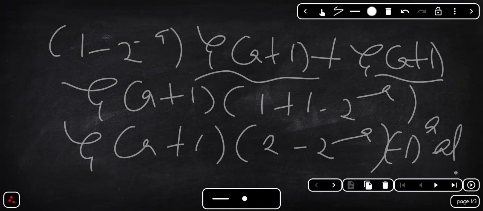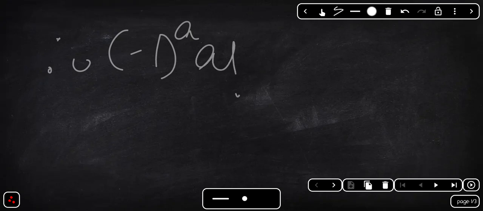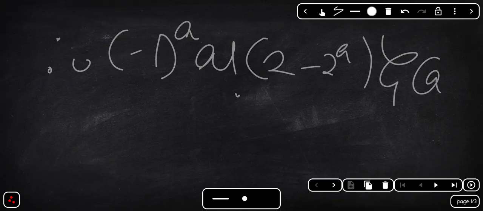I can now say, therefore, we have minus 1 raised to the power of a multiplied by a factorial, multiplied by 2 minus 2 raised to the power of a, then multiplied by the zeta function of a plus 1.